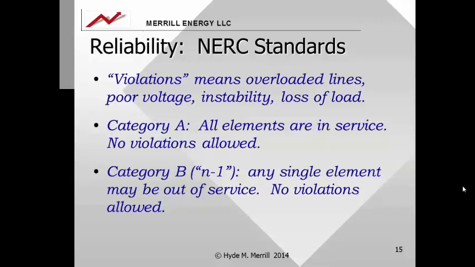The NERC standards do not require that every customer, that every distribution system be supplied through redundant transmission lines. The most common justification for reinforcing the system is a Category B problem.